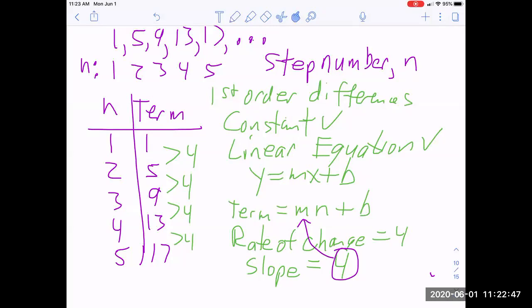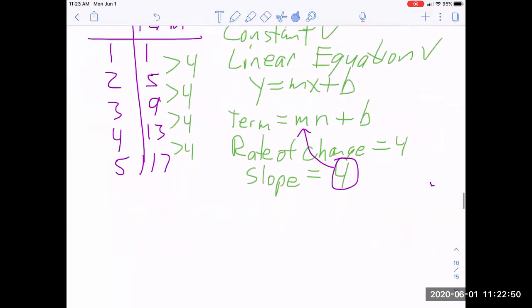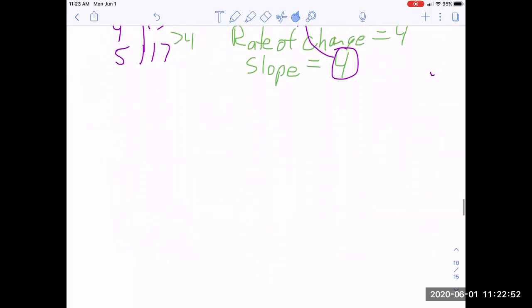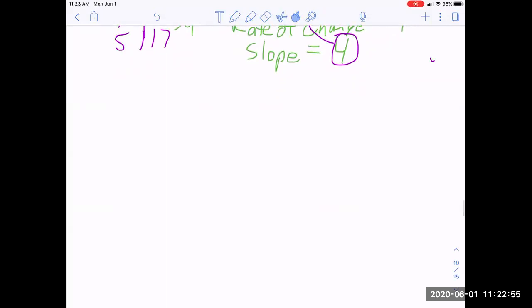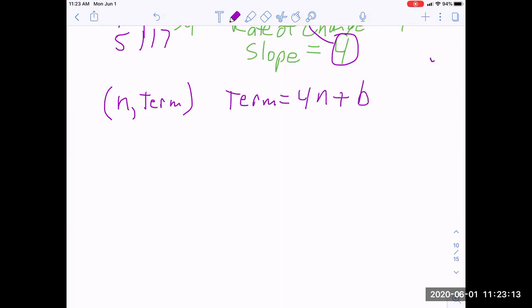So I'm going to finish this off and find the formula or the equation. Right now I am here. I'm inputting my step number, I'm getting back the term. So right now I know this is 4 times n plus b. Remember, if I'm thinking y equals mx plus b, this was called the y-intercept.